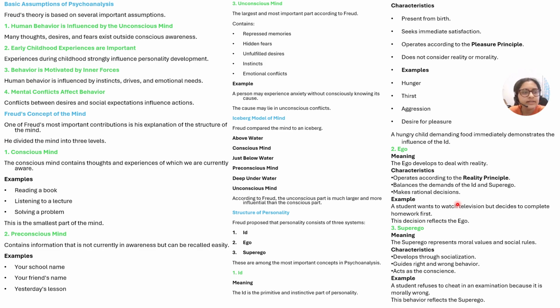The next one is the superego. The superego considers morality and social norms, whether the work I am doing is acceptable to society or not. It makes ethical and moral decisions. It develops through socialization.